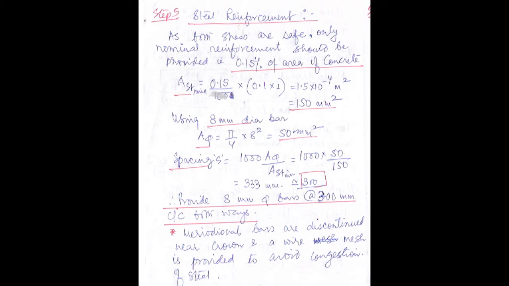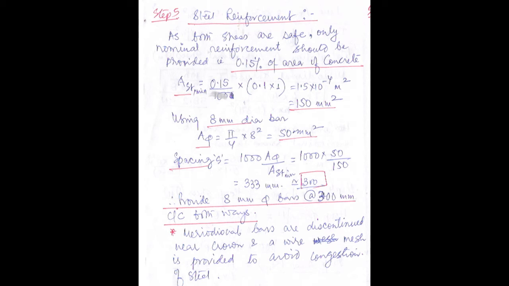So that gives us the value of the steel area as 1.5 into 10 raised to minus 4 meter square, because please take note that here we have put the value of T and 1, both in meters. So this is meter square. Now we have to convert meter square to millimeter square, because steel bar diameters are in millimeters.